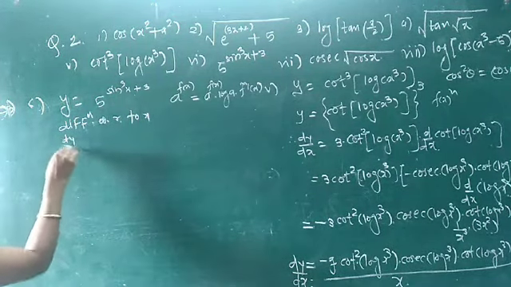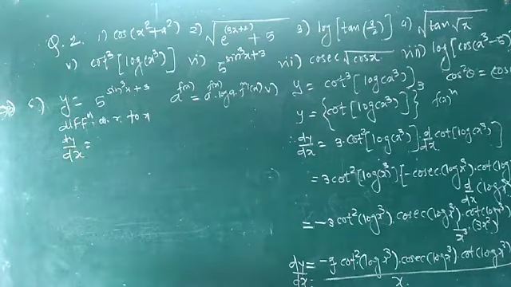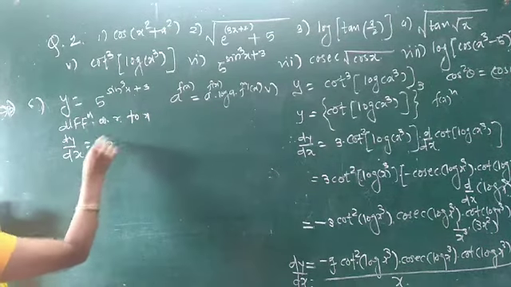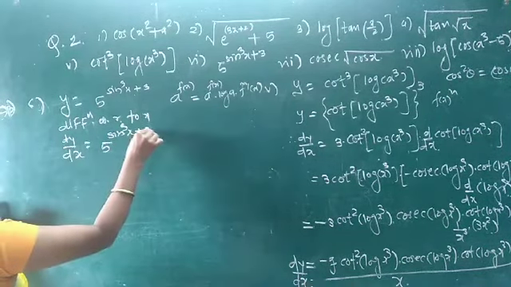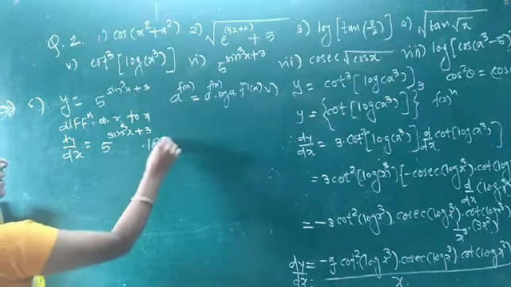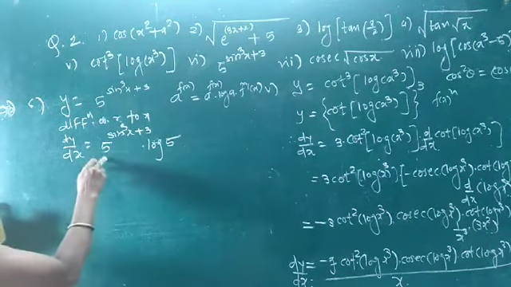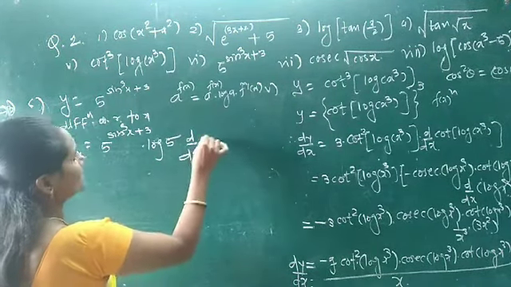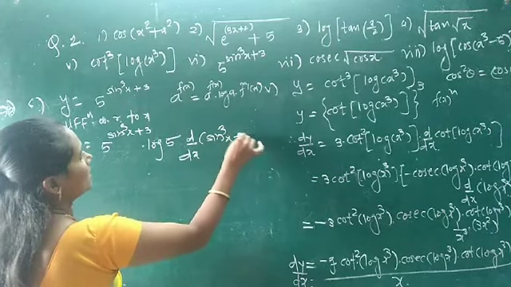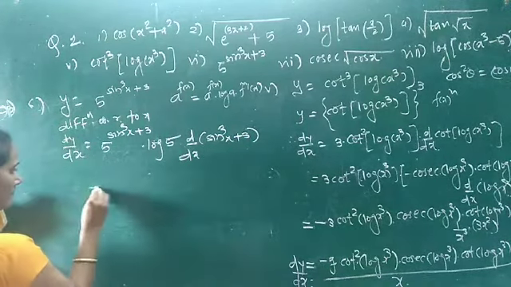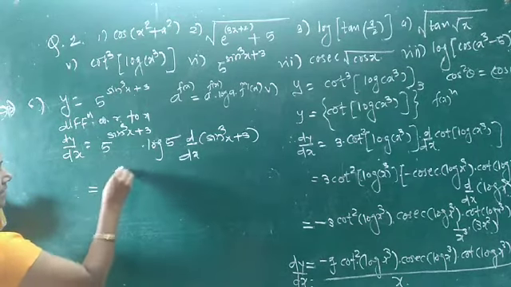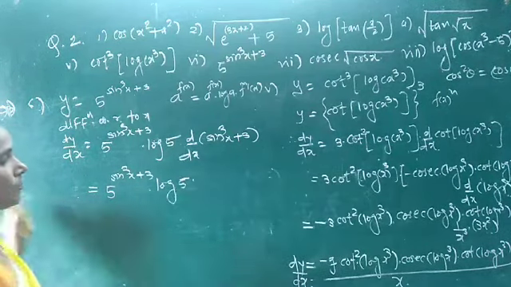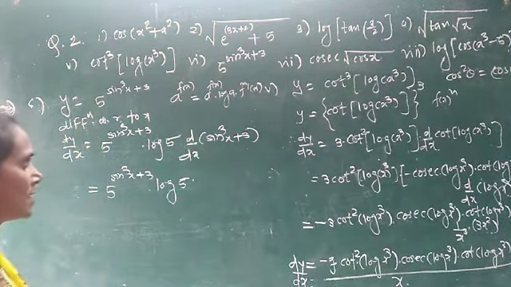So the derivative dy upon dx is equal to, write this a raised to f of x as it is, meaning the function as it is. 5 raised to sin cube x plus 3 into log a, meaning the value of this base, so log 5, into the derivative of the function. What is the function? Sin cube x plus 3. Write this as it is, 5 raised to sin cube x plus 3 into log 5. Now multiply the derivative of this term. So what is the derivative of sin cube?